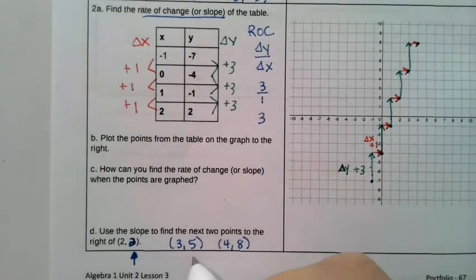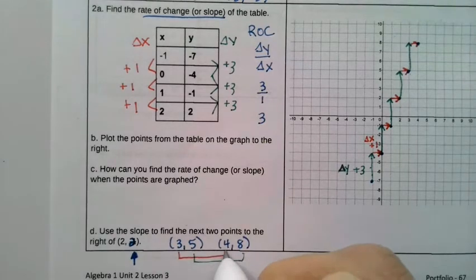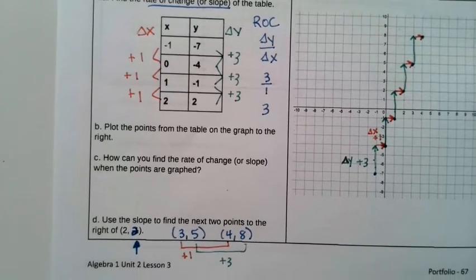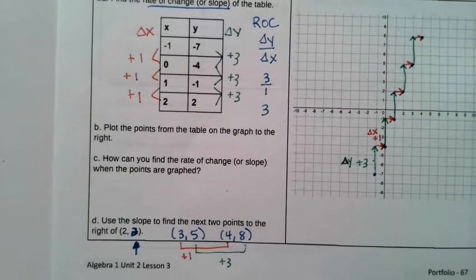Your y values from here to here increased by 3, and your x values increased from here to here, which was an increase of 1. So you can see it in the point, you can see it in the graph, and you should see that all of these points lie in a line.